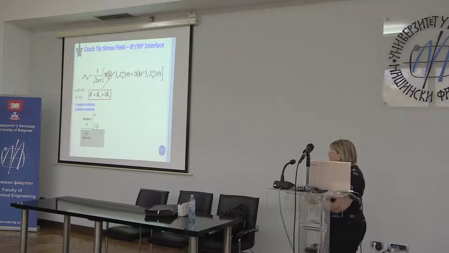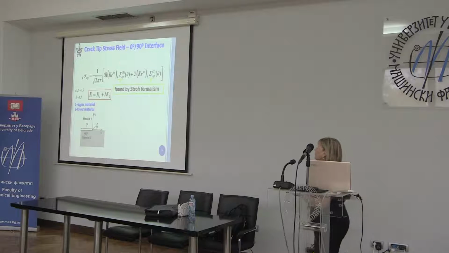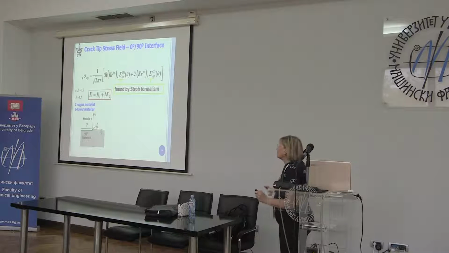We have these complex stress intensity factors, and then we have these functions. And these functions we can write analytically, and I've done it myself, and I've had students that have done it. If you write them out completely without using some symbolism, you can fill up a whole page with one of these functions.